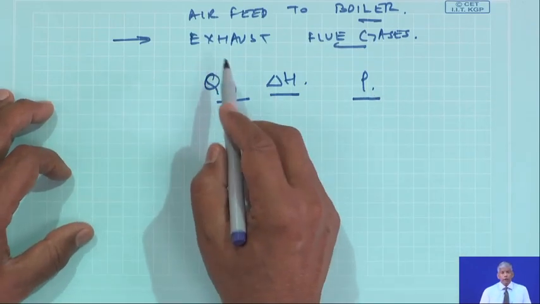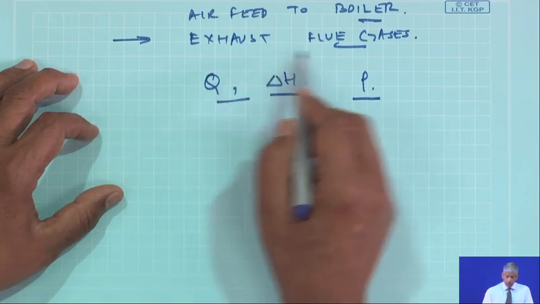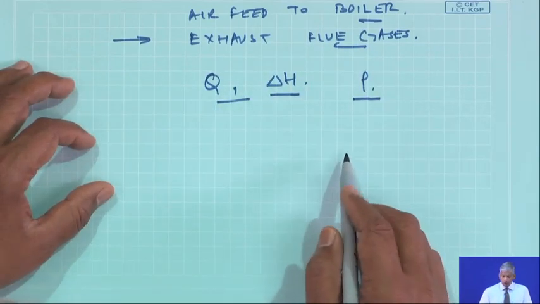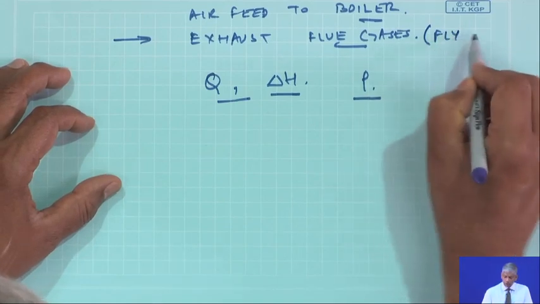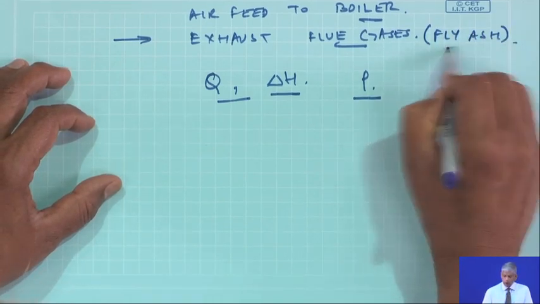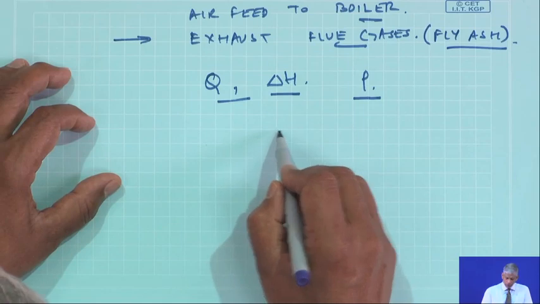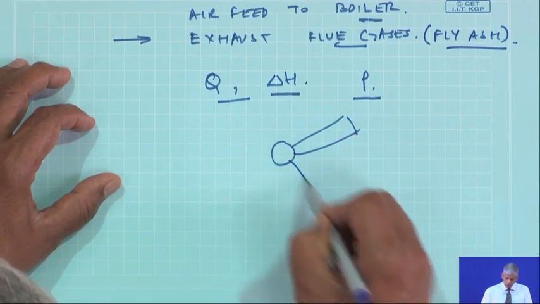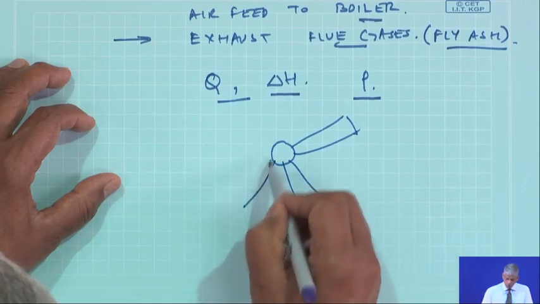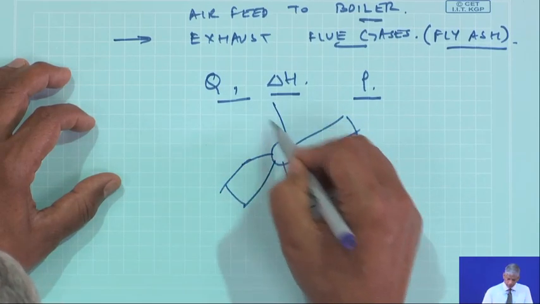And I had given you an example, just to recollect: particularly when flue gases come out of the boilers, they have a lot of fly ash, particularly in a thermal power plant, and this fly ash could get deposited on the vanes or blades of the fans.